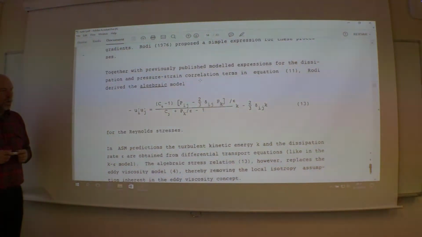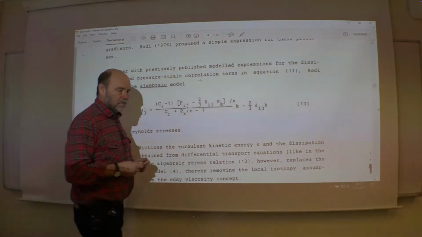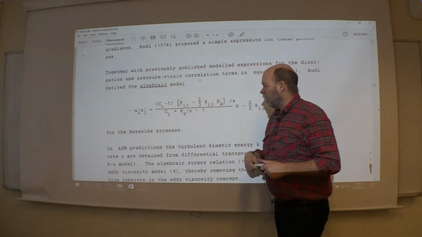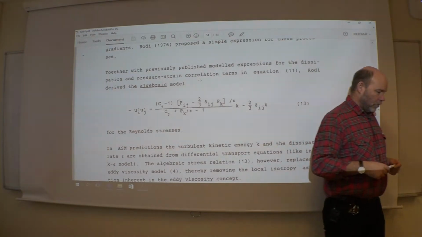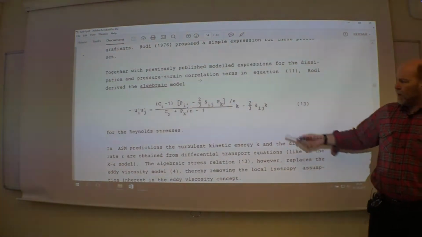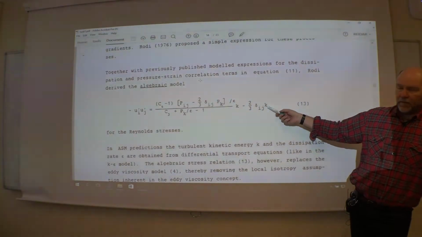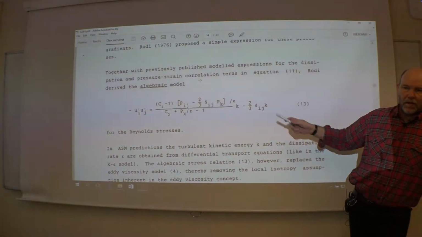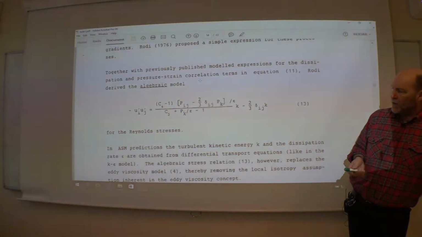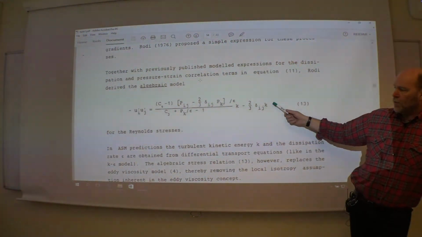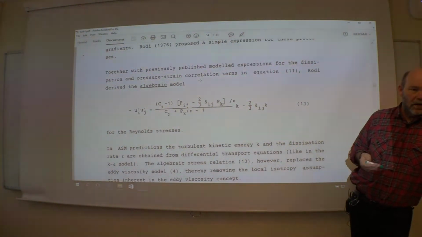And the short version why the 2 equation model will fail is that it is blind to directions. Typically you will have a transport equation for k and a transport equation of another quantity, epsilon, omega, whatever. But remember, k being turbulent kinetic energy, that's the velocity squared. So it doesn't have any sense of direction at all. So it is dependent on the philosophy that the turbulence is isotropic.